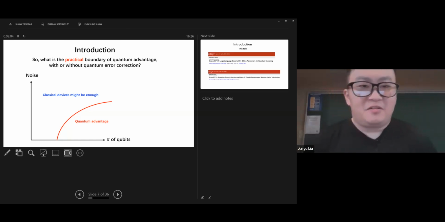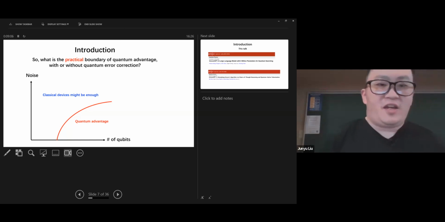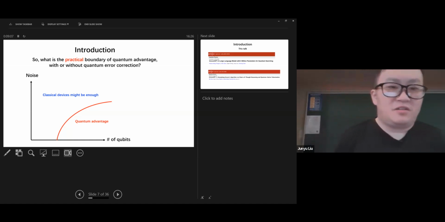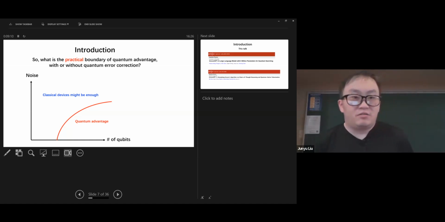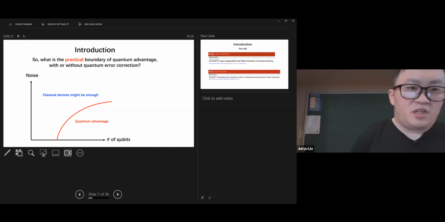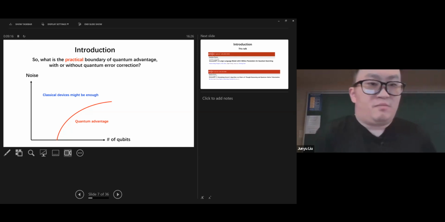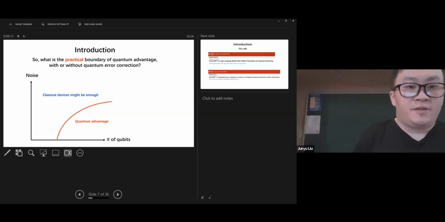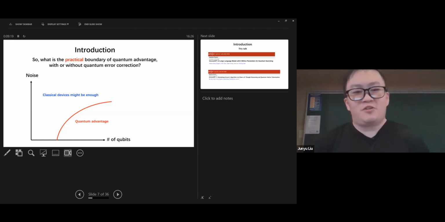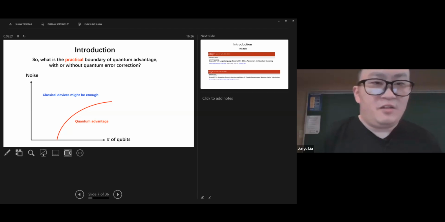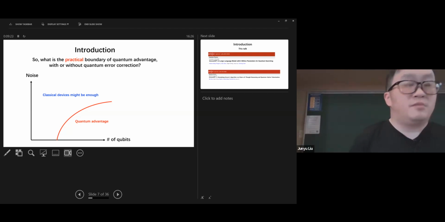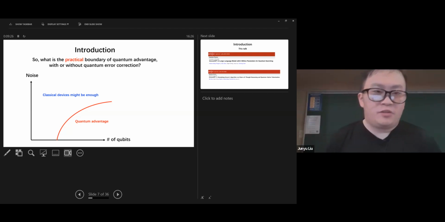But because the current devices are noisy and implementing error correction is challenging, maybe there is a certain regime where noise is high and the number of qubits is relatively low, where classical devices might be enough. So if we believe in this picture, illustrating a practical boundary of quantum advantage is very important.